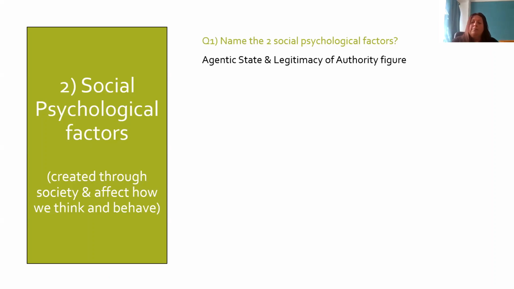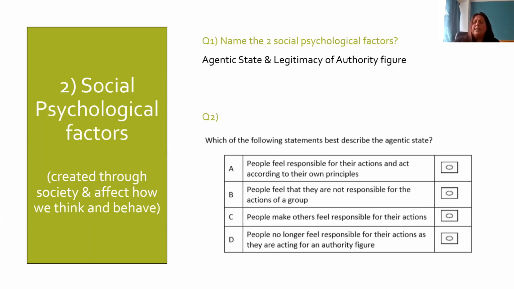So again, based on Milgram's research, Milgram wants to find further explanations as to why people are so willing to obey an unjust authority. And so he creates the agentic theory. So looking at that question, which of the following statements best describes the agentic state?